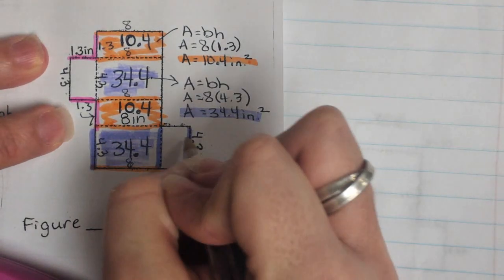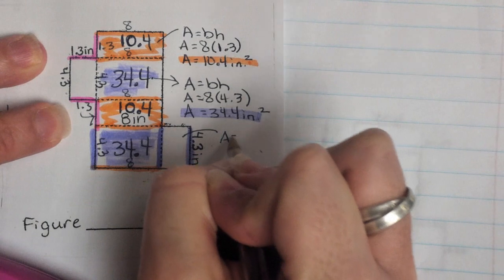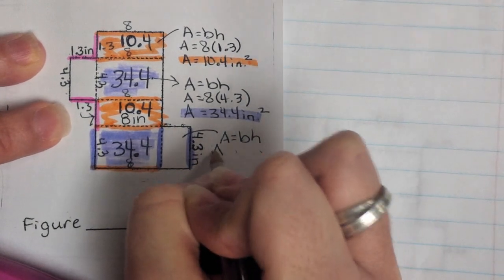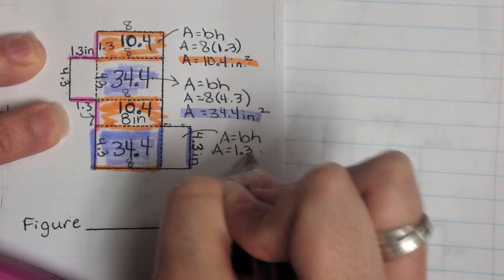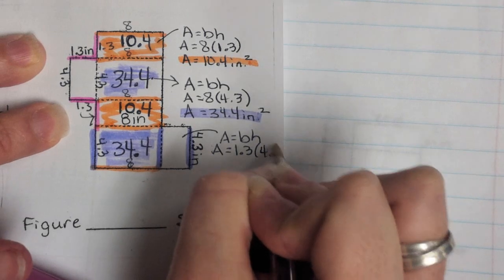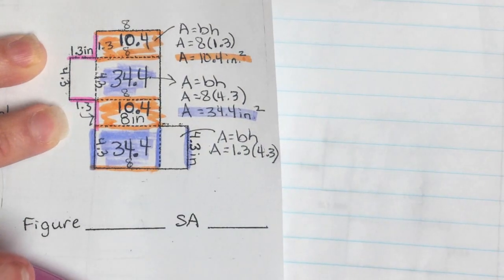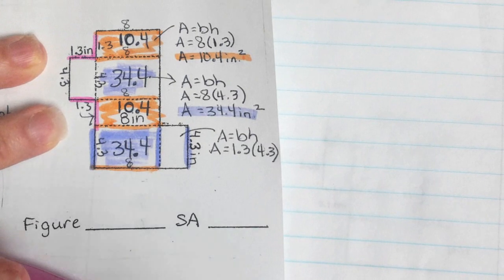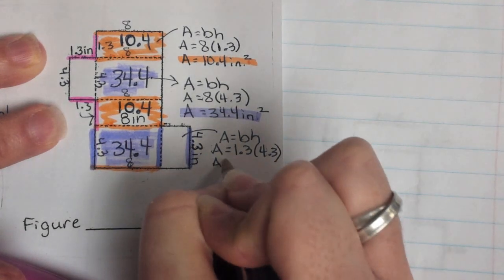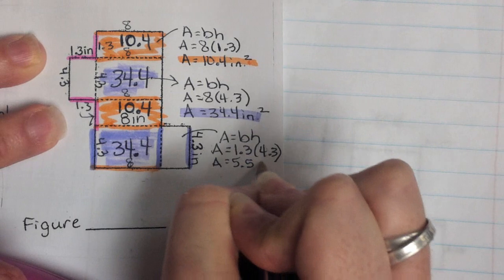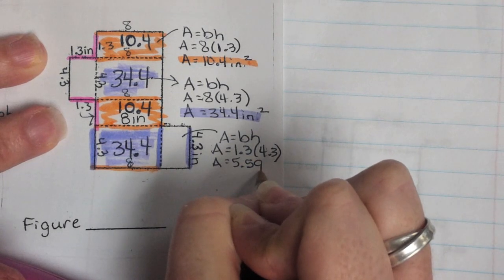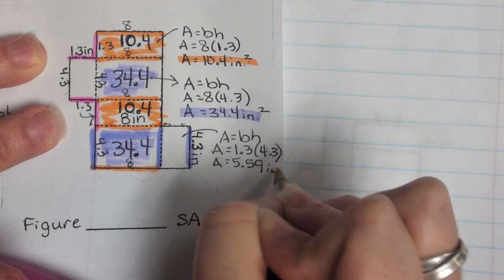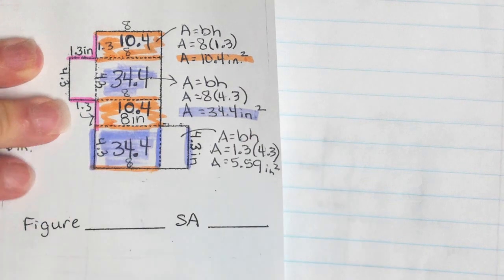So I'm just going to do it over here. 0.59 inches squared. Okay.